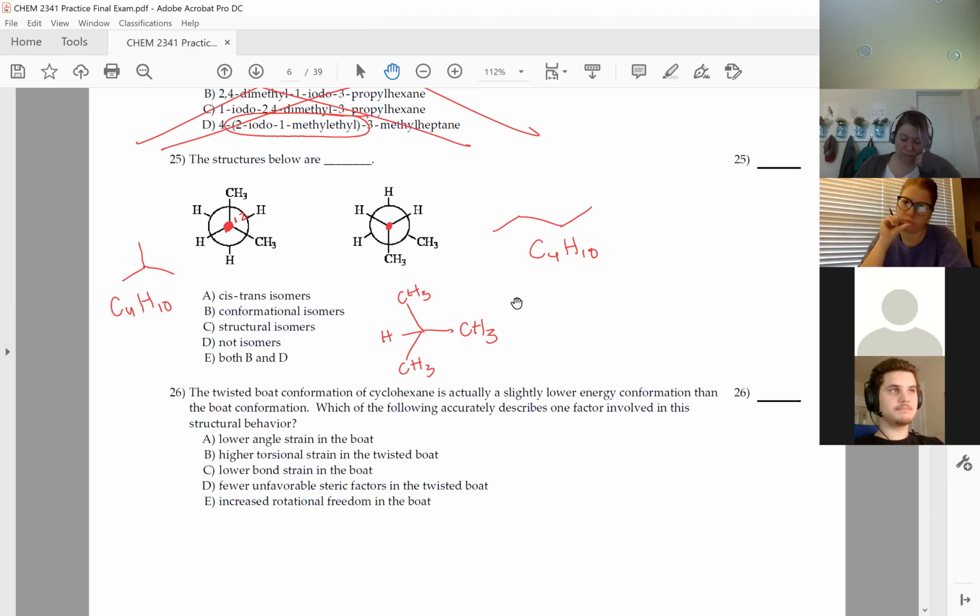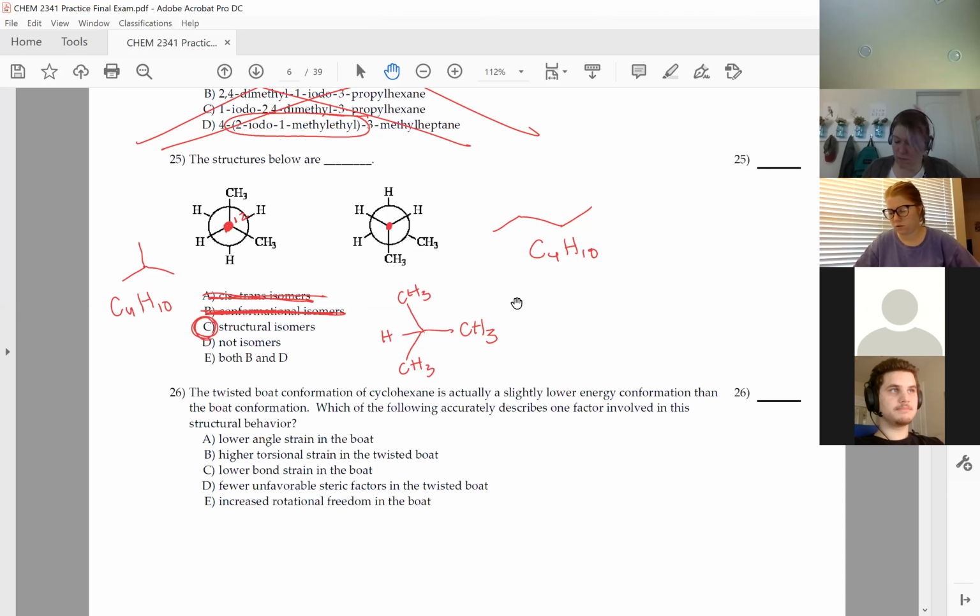No. Definitely not. Are they conformational isomers, meaning just a difference of rotation? No. What are they? Structural. Structural, right? Structural is another word for constitutional isomers.